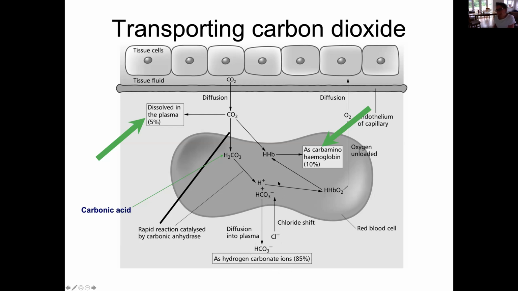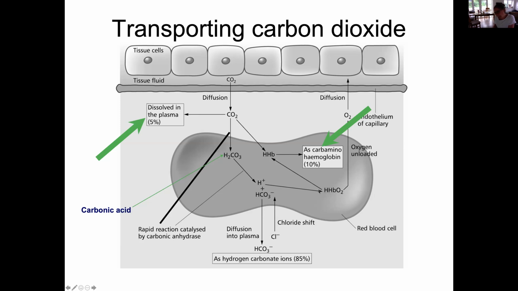The other thing that this is really important for, not just for CO2 transport, is the fact that these hydrogen ions that are produced when carbonic acid, H2CO3, splits up, or protons, as they can also be called, bind to oxyhemoglobin. Remember, HbO2 is oxyhemoglobin.